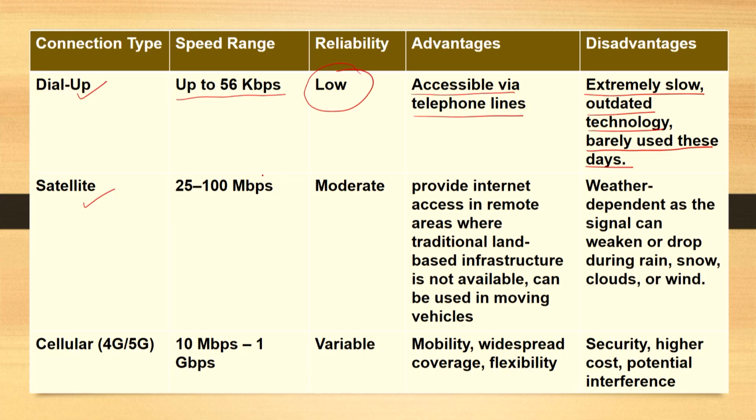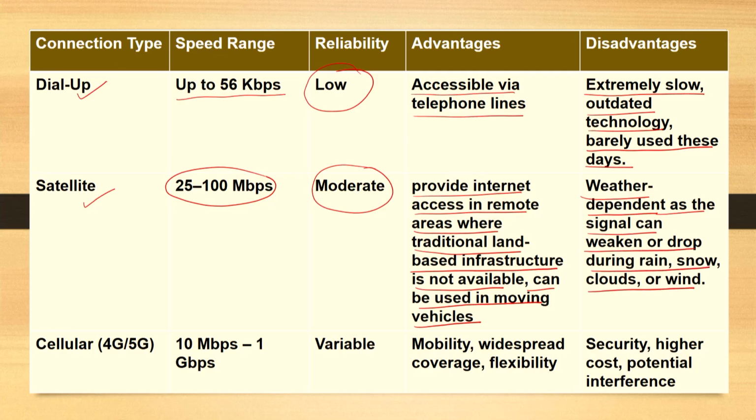The speed ranges from 25 to 100 Mbps. Reliability is moderate. Its advantage is that it provides internet access in remote areas where traditional land-based infrastructure is not available, and it can be used in moving vehicles also, so it provides some mobility and flexibility. But it has a disadvantage: it's weather dependent. Because of that, the signal can weaken or drop during rain, snow, clouds or wind.